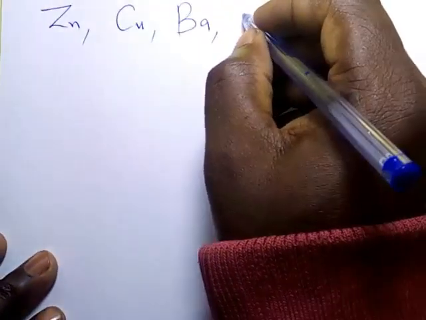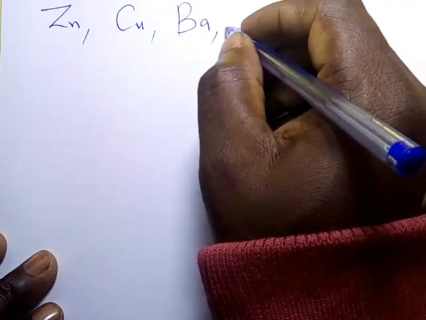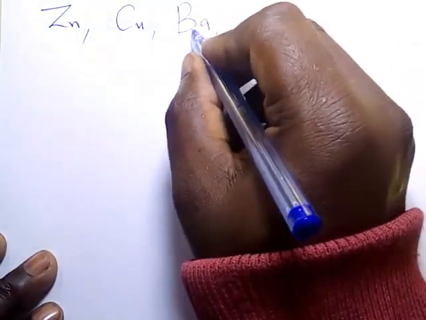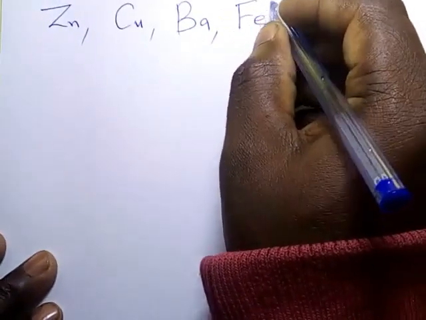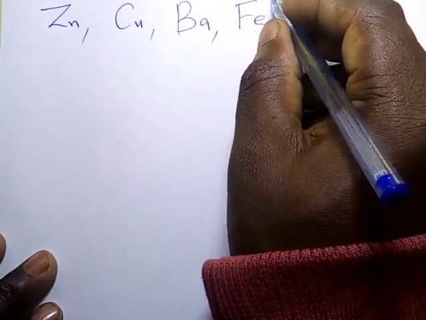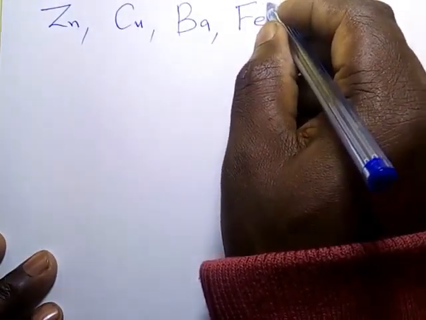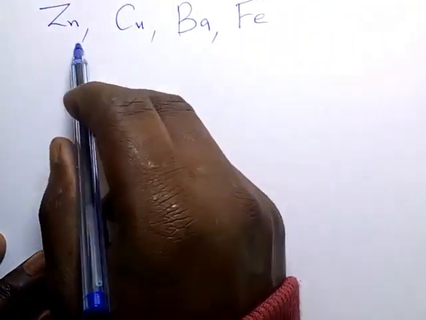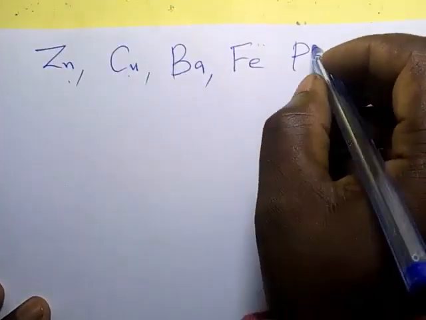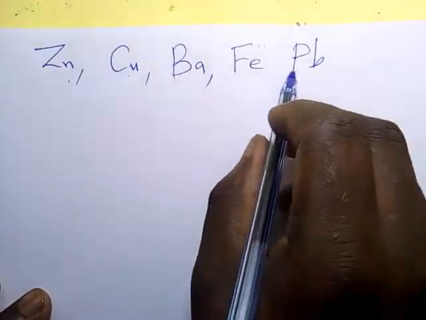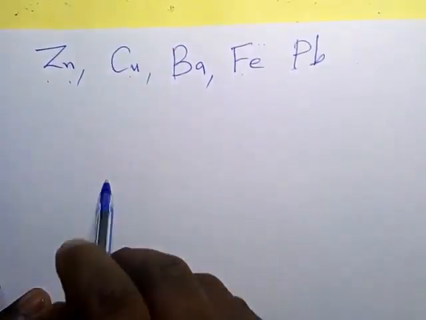Iron, we have iron 2, most compounds have iron 2. Which else? Zinc, copper, lead, very good, lead. So these five are commonly used.